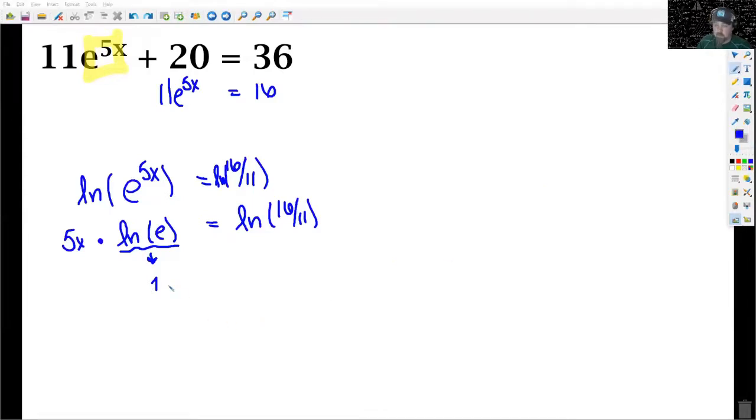So because that equals 1, this is really 5x times 1. It doesn't do anything. And we're going to talk about why that's equal to 1, but let's actually finish the problem first. So this part doesn't matter now.